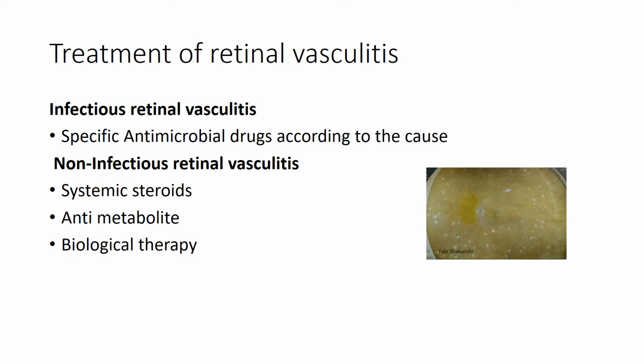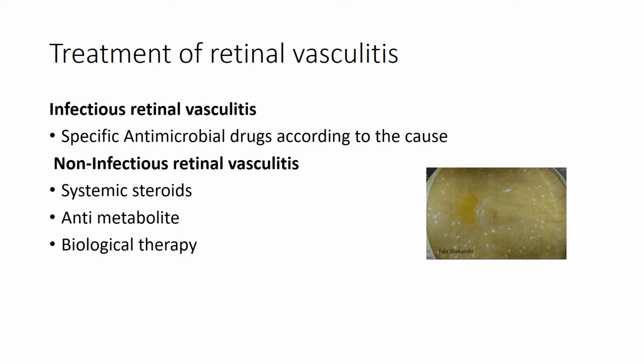Class 2, conventional immunomodulating drugs, such as methotrexate, azathioprine, mycophenolate, and cyclosporine, are used in chronic cases as steroid-sparing agents for long-term disease control.